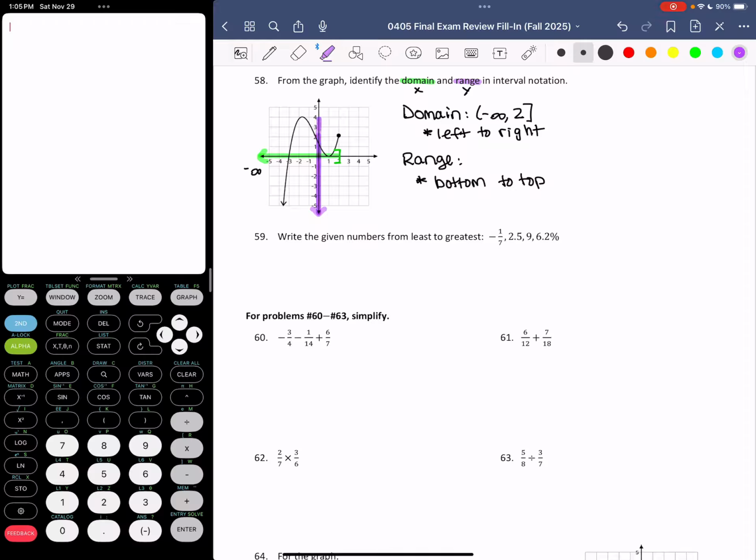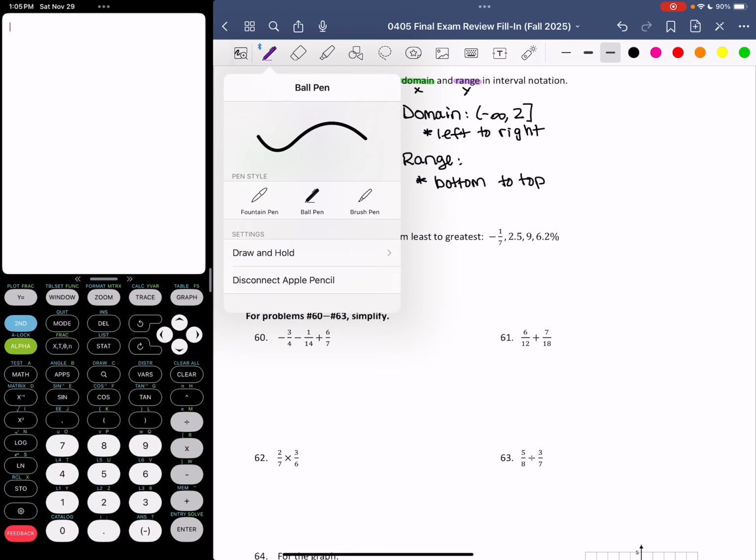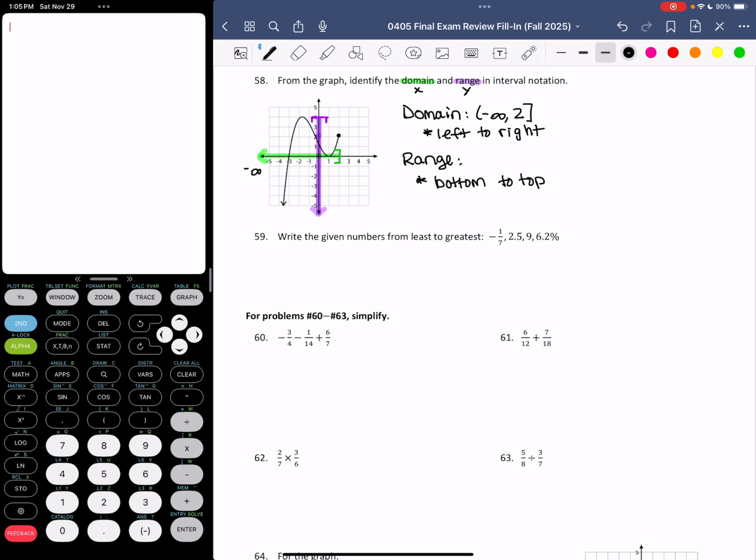So the y coordinate is equal to 4. This is where the graph goes, right there. So we're going to put a bracket there. And we know that at the bottom, this is also negative infinity, right? So going from bottom to top, the lowest point, negative infinity, to the highest point is going to be positive 4 with a bracket there.